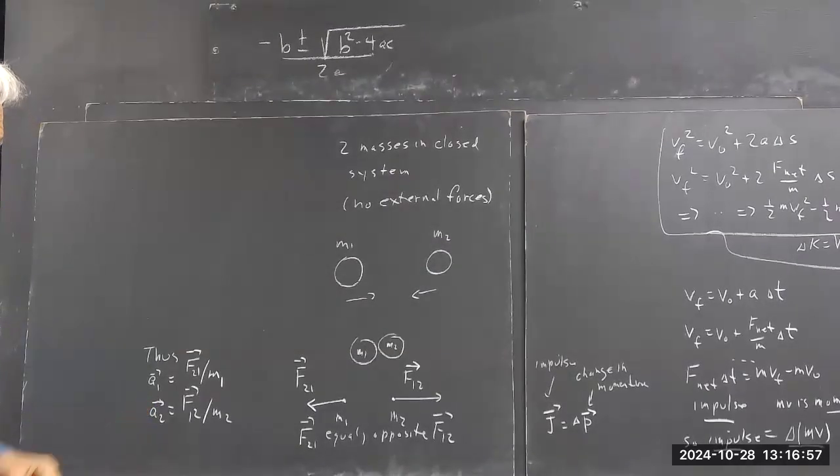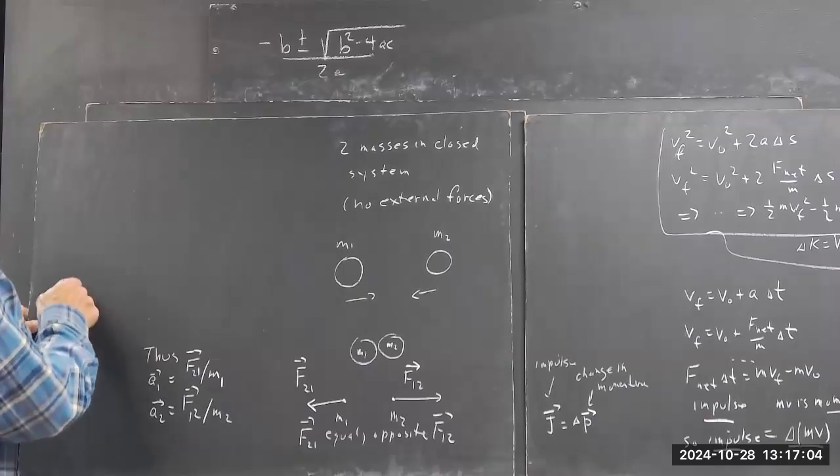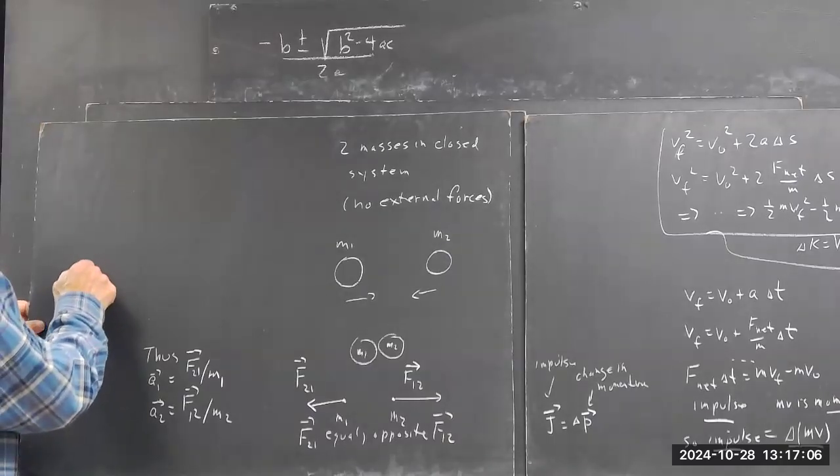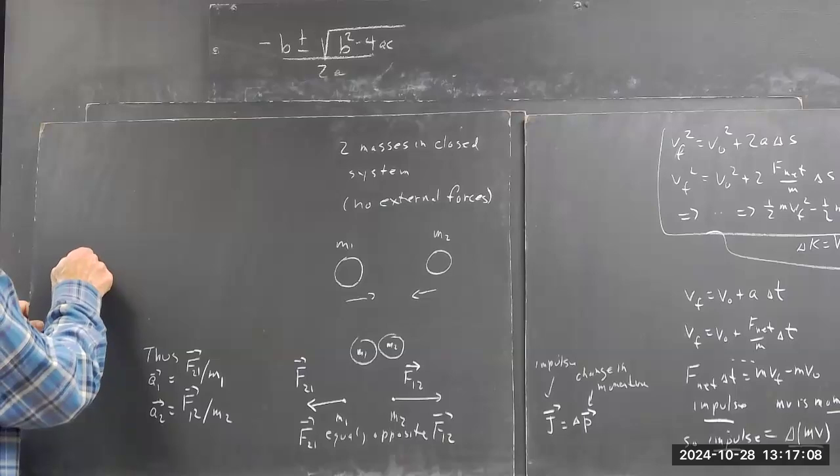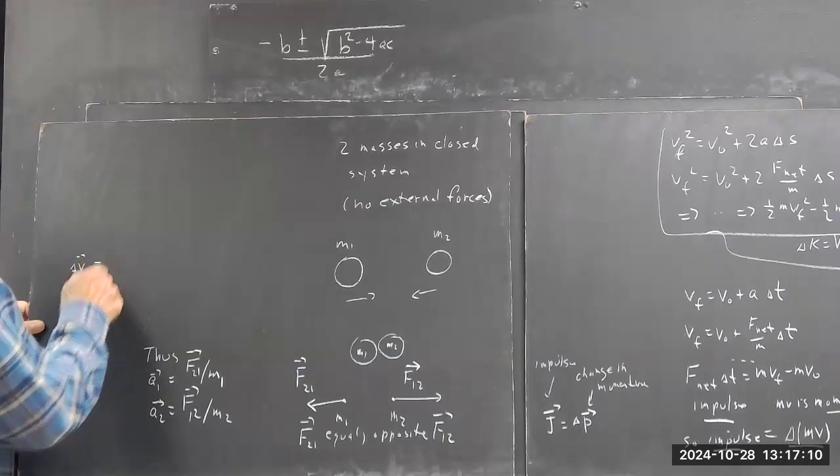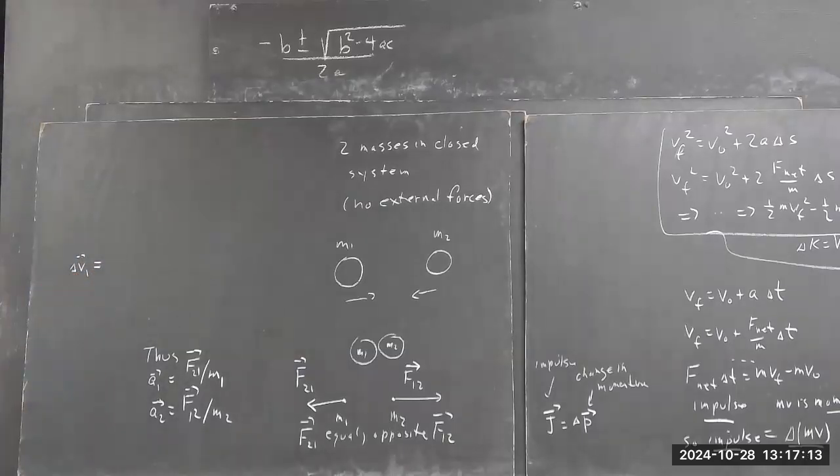All right. Well, back to what's the change in velocity? What's delta V1?